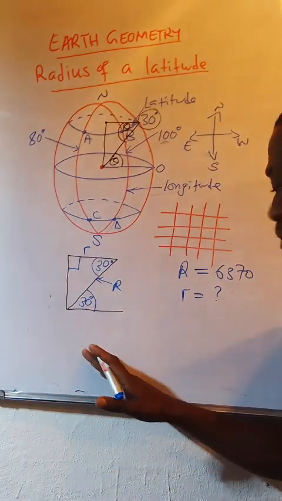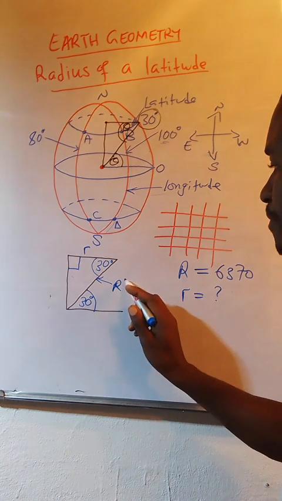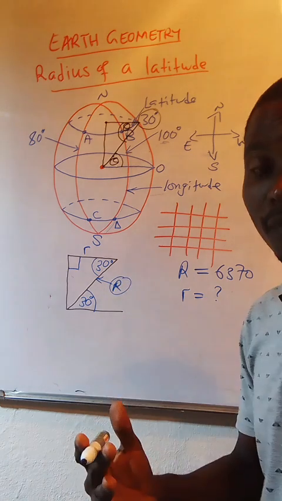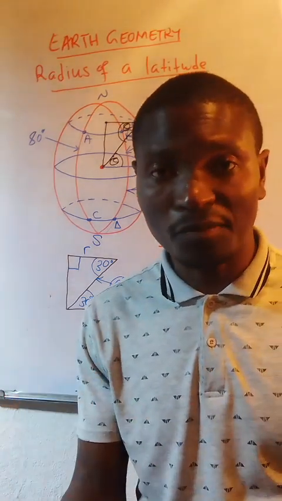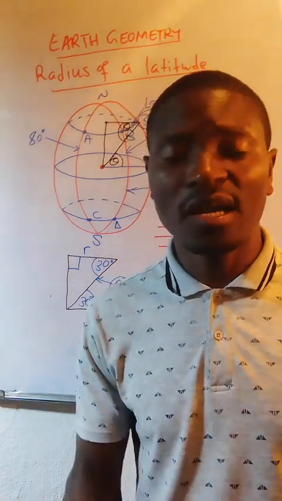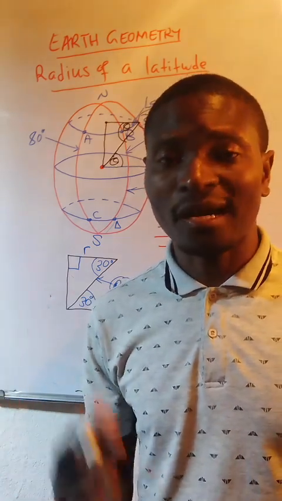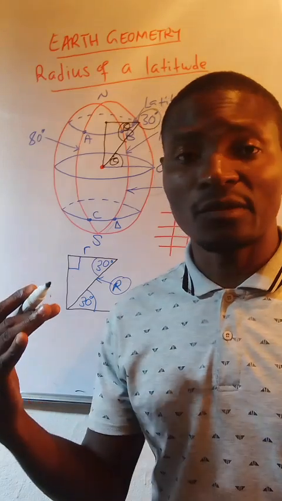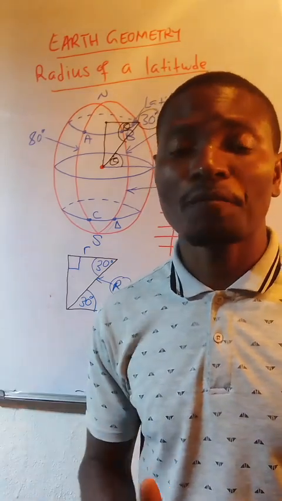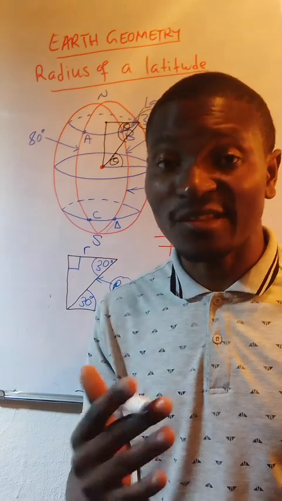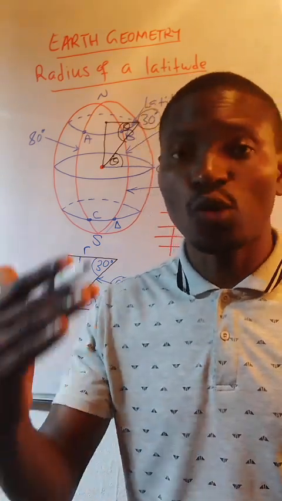So what this is going to be is, we know that this capital R is the radius that has been estimated, or rather approximated, by mathematicians, geographers, astronomers, or even other experts, okay? And that number representing the capital R is just 6370, or rather in nautical miles is 3437. Okay.